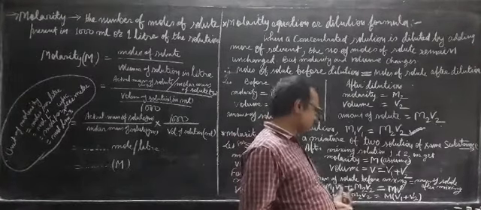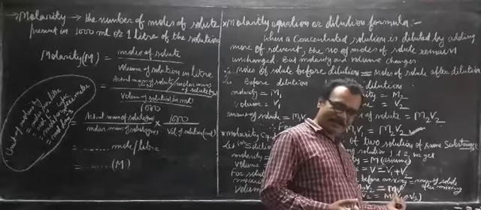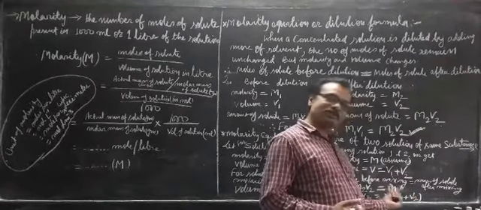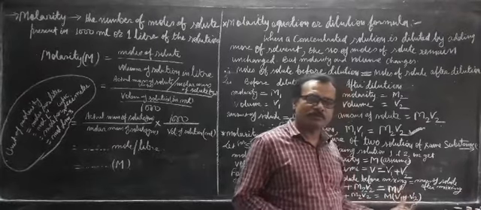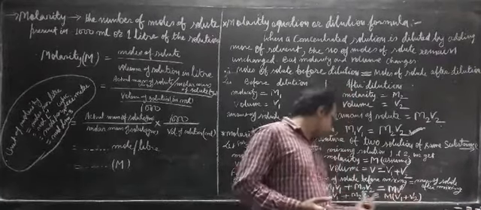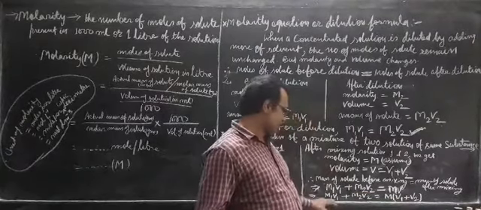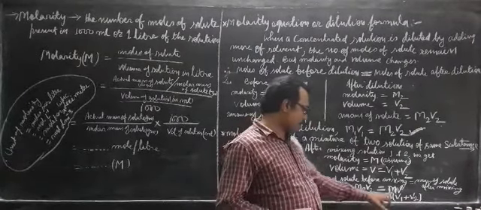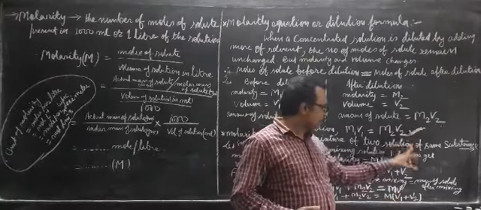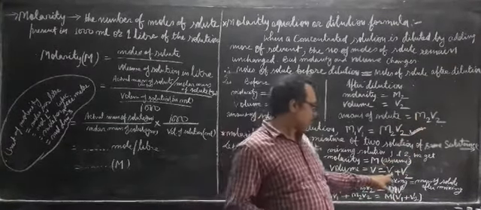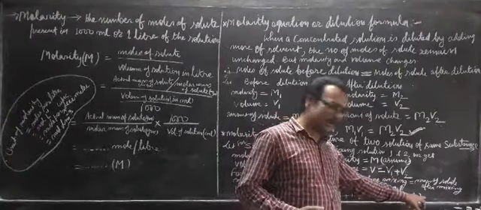After mixing, the molarity is M and the volume is V, so the amount of solute would be MV. So M1 V1 plus M2 V2 equals MV, where V is replaced by V1 plus V2.